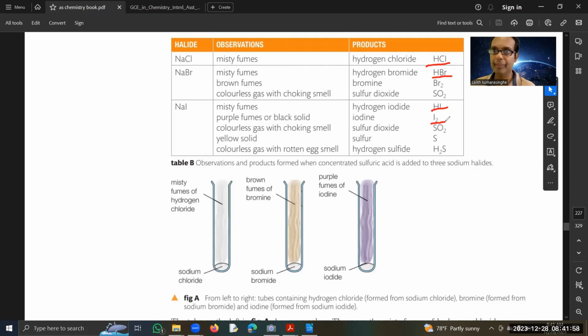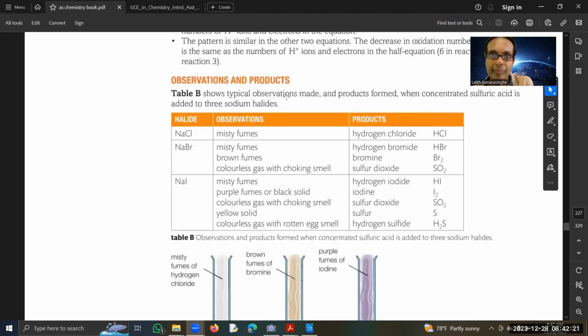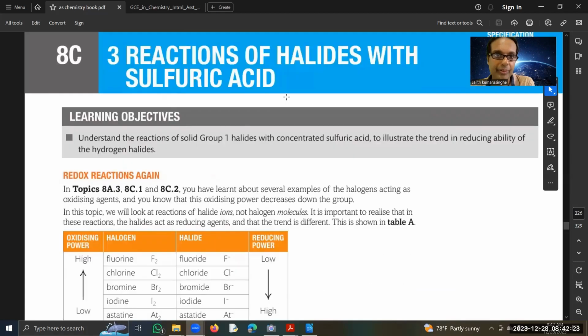Bromine is also like that: brown vapor or brown fumes. This is I2, this is Br2. All these things you have to memorize. Mention that also.